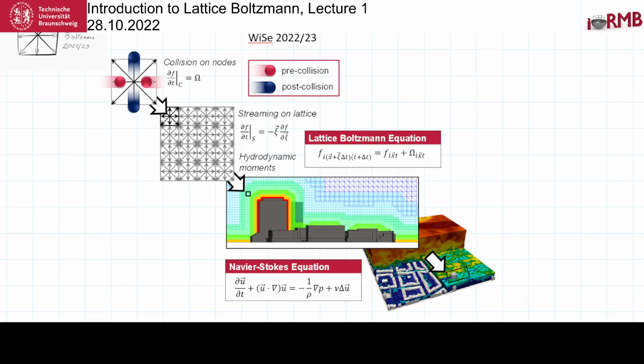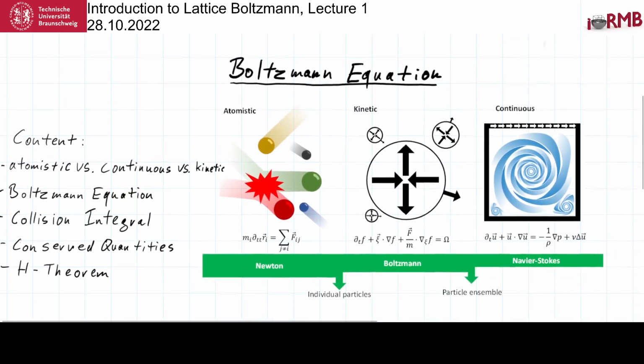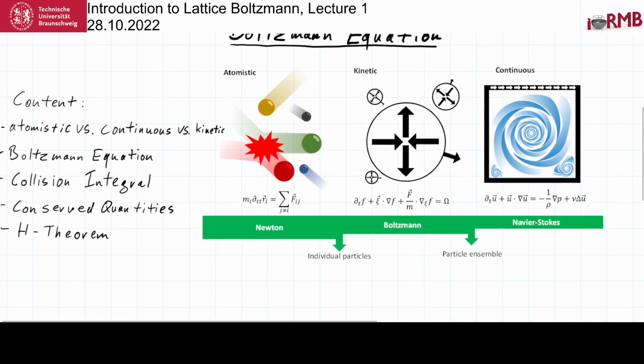So now the Navier-Stokes equation is down here, and then you get a crazy flow field around these buildings. Okay, so this is more or less the big picture and the graphical abstract of today.